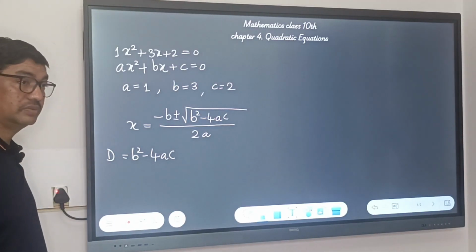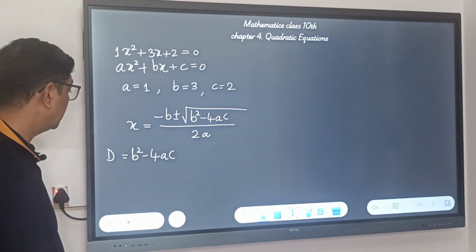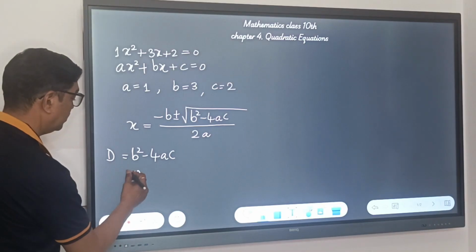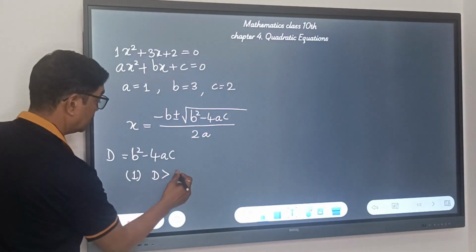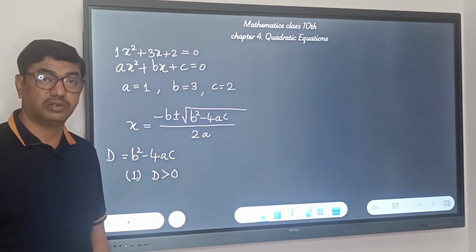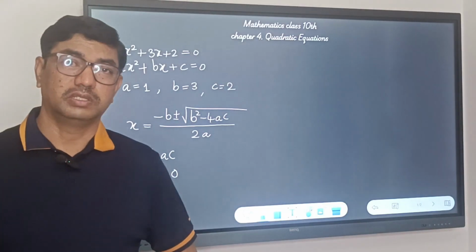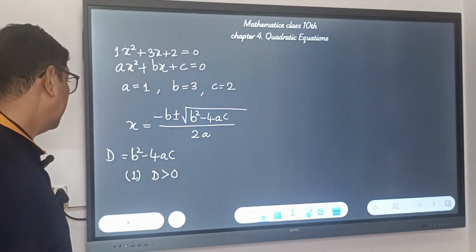So we have three conditions. The first condition, case 1: if you find the value of d is greater than 0, then the roots are distinct and real.